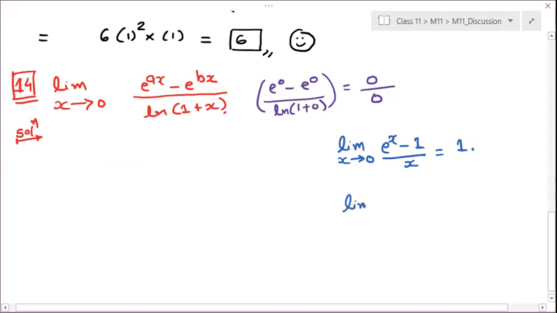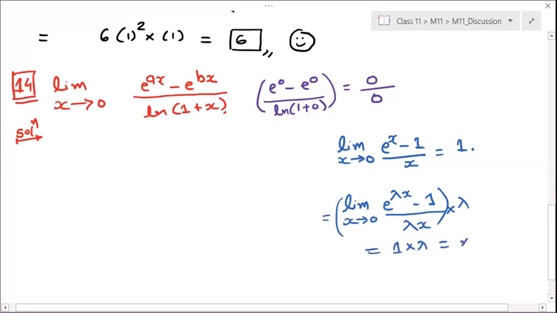So if here we are having ax, right? If I am having any lambda x, then in denominator it should be lambda, right? So I am already having x, so I will multiply with lambda and I will divide with lambda. So this value will give me 1, right? So this is your 1 into lambda. It is equal to lambda. So e to the power lambda x minus 1 by lambda x will be equal to lambda.